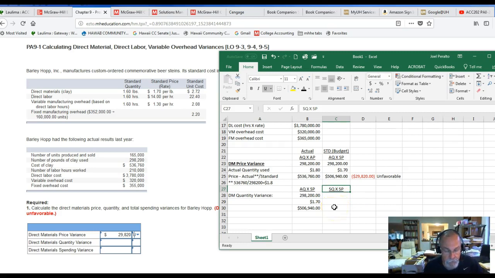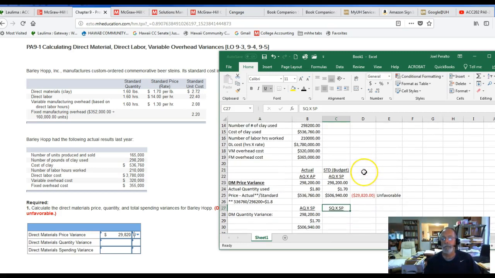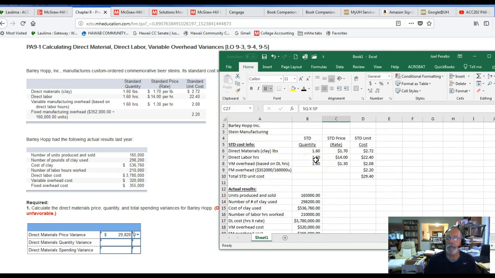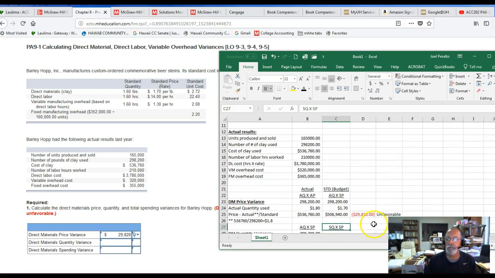So our standard quantity would be based on our units produced of 165,000, and our standard quantity per unit is 1.6 pounds.